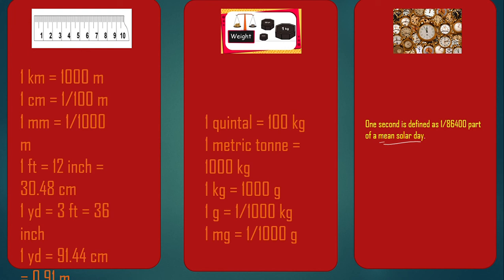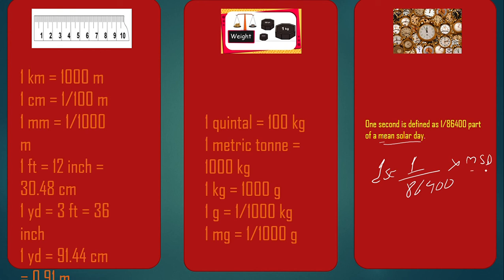Earth rotates in 24 hours, it completes one rotation. In an entire year there are 365 days. You take a mean of all these days, it becomes a mean solar day. So 1 second is 1 upon 86400 multiplied by mean solar day.